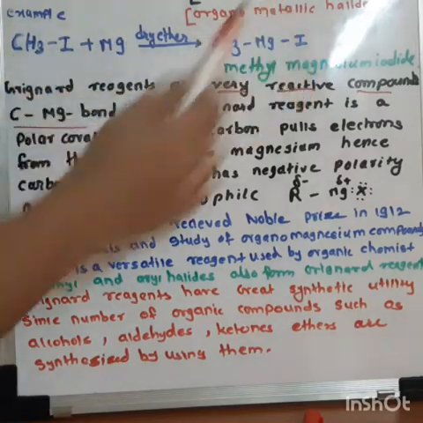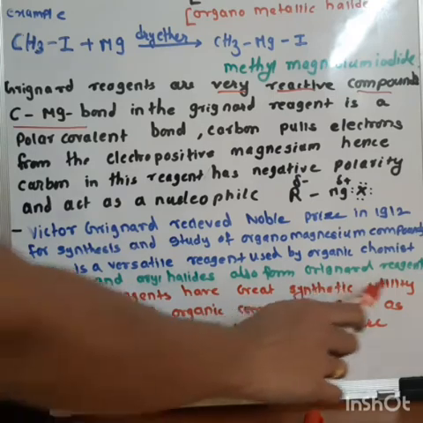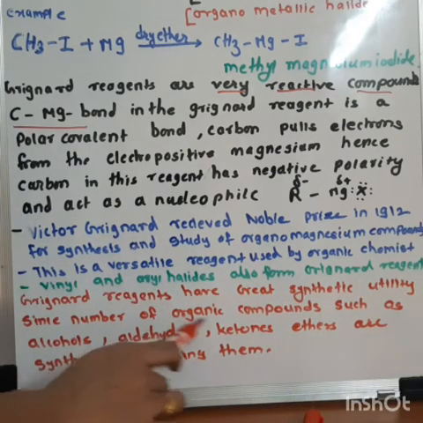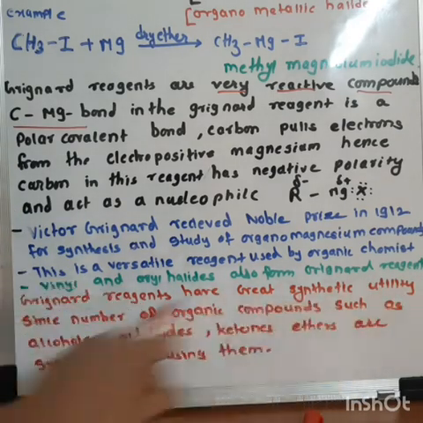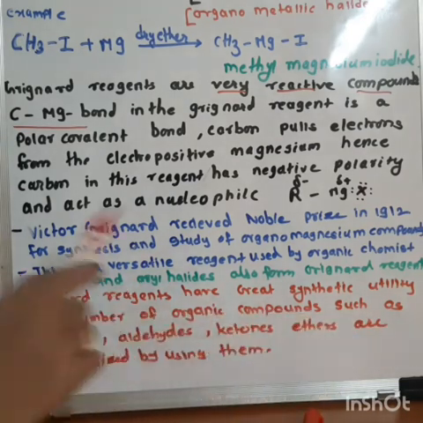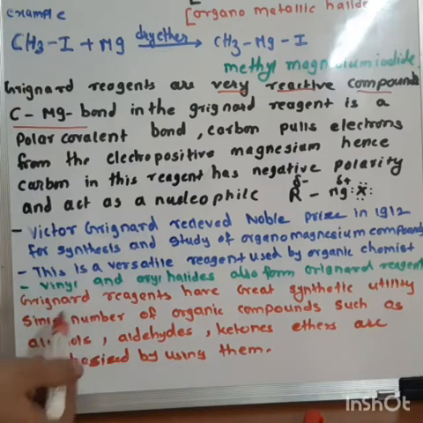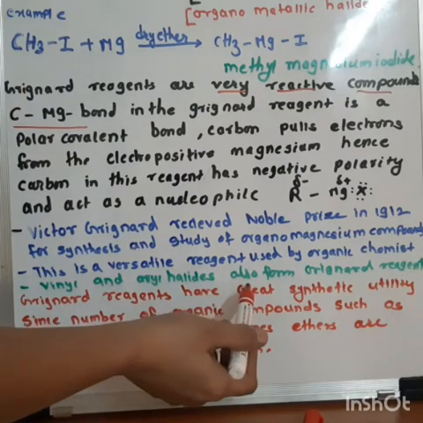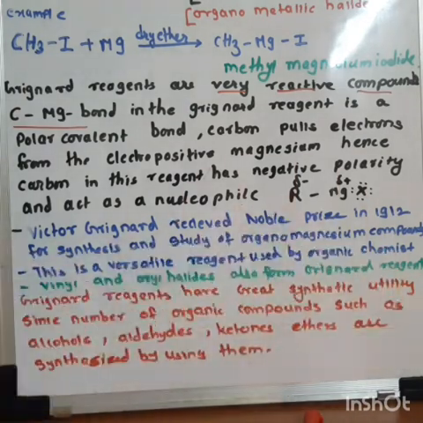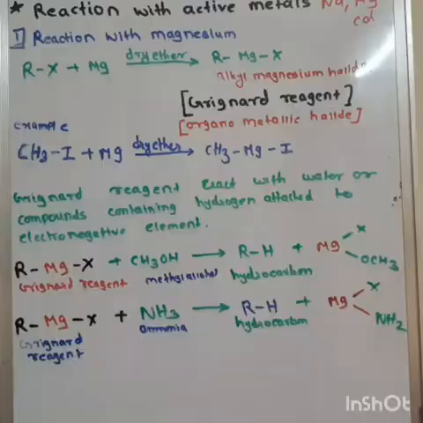Grignard reagents have great synthetic utility since a number of organic compounds such as alcohols, aldehydes, ketones, ethers are synthesized by using them. Which other alkyl halides can form Grignard reagent? Vinyl and aryl halides also form Grignard reagent.